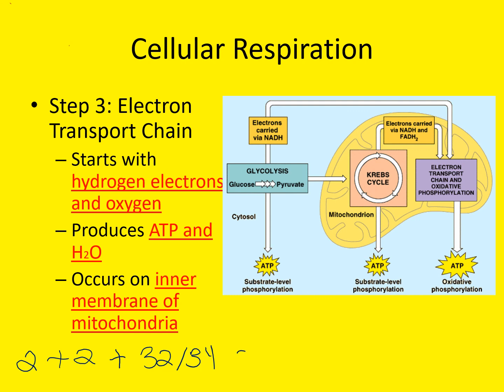So in the end, we have between 36 to 38 molecules of ATP. And waiting at the end of the stairs to catch the hydrogen as it falls is oxygen. So we are going to end up with water in our process as well.